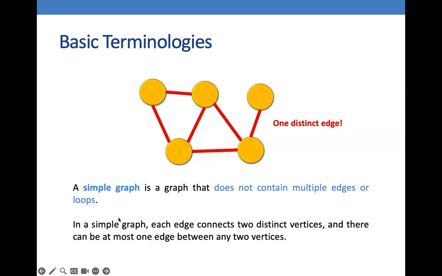Each edge connects two distinct vertices, and there can be at most one edge between any two vertices. So for example, this vertex and this vertex have only one edge, and this vertex and this vertex have only one edge, and it's similar for the rest of the vertices and for the rest of the edges.